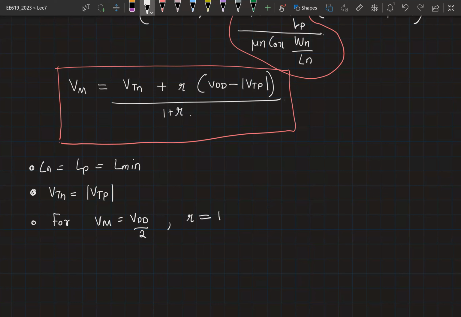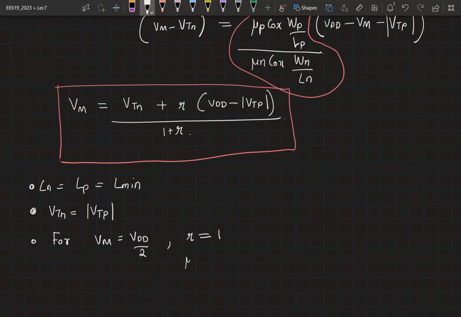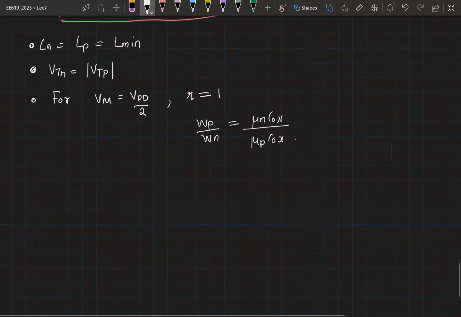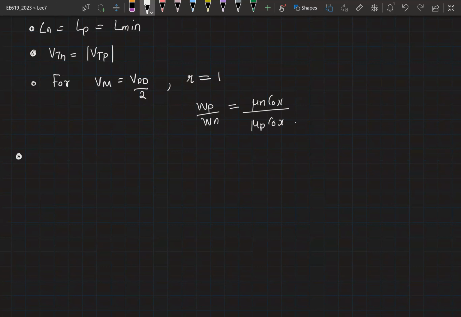And this corresponds to WP by WN equal to mu NCOX by mu PCOX. So again, you can analyze this.